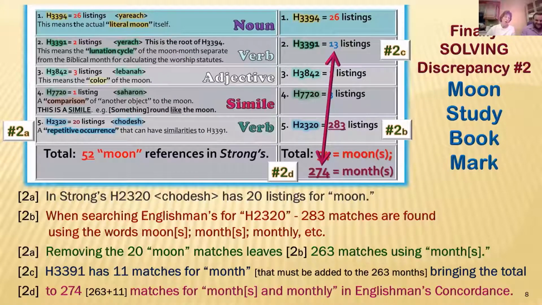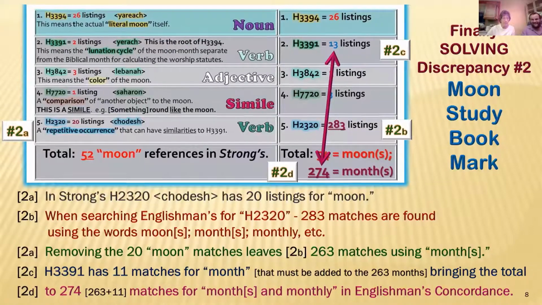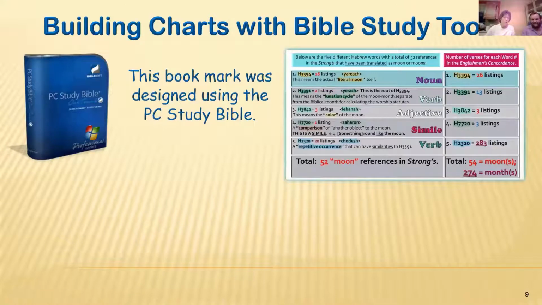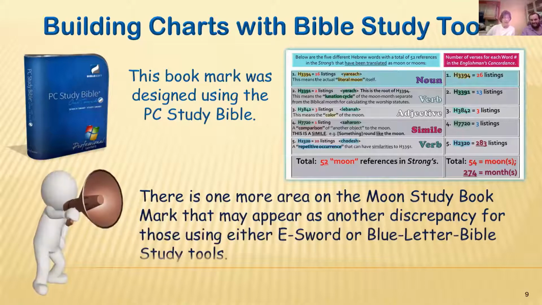But I wanted to show you what was happening there before I go in to show you what's happening between the different study tools. And it's really good to build charts with Bible study tools. So this bookmark was designed using my PC study Bible, okay? But you can design one with your own, right?